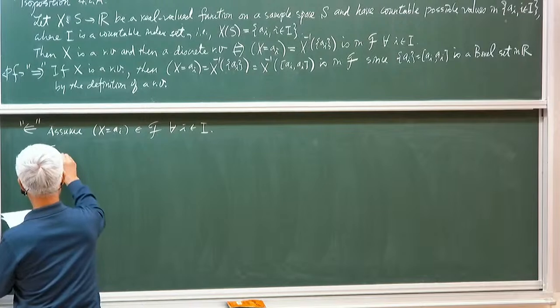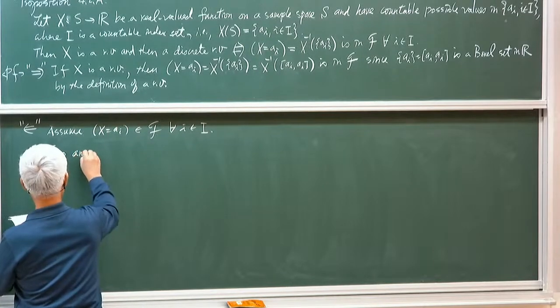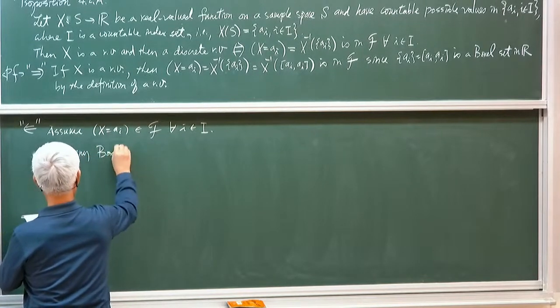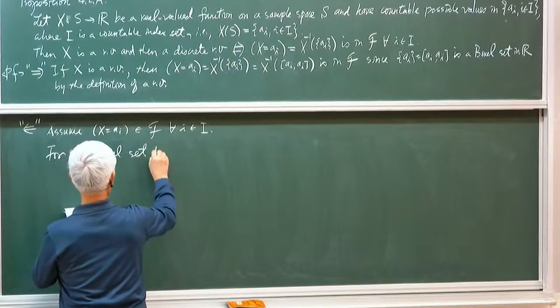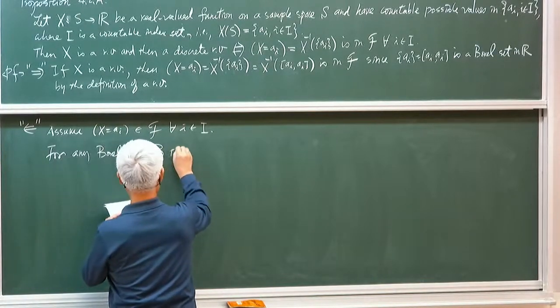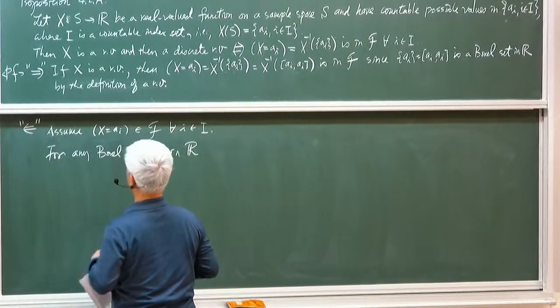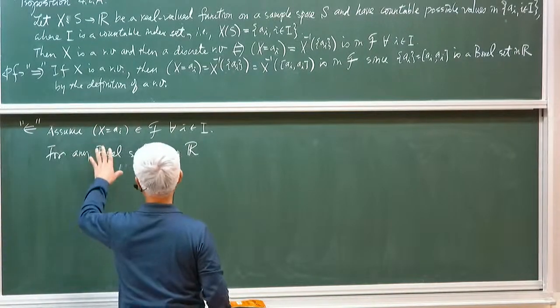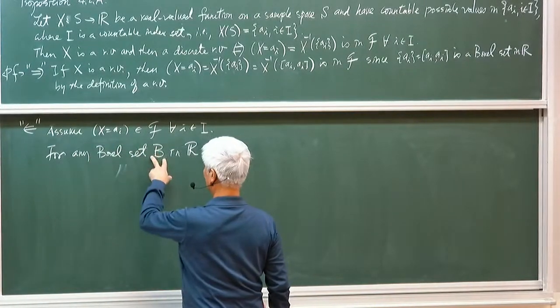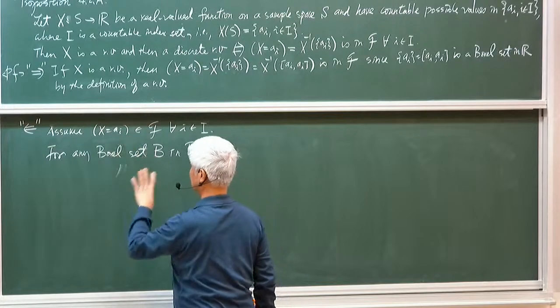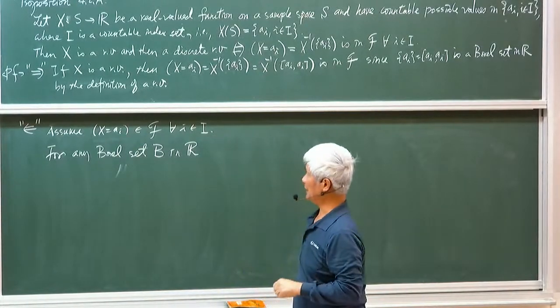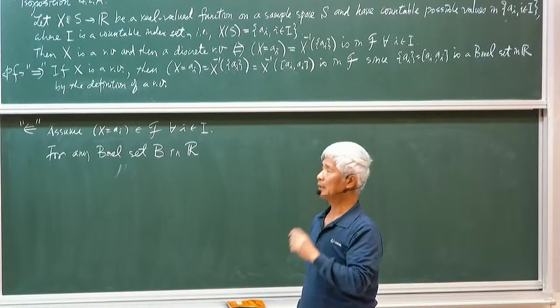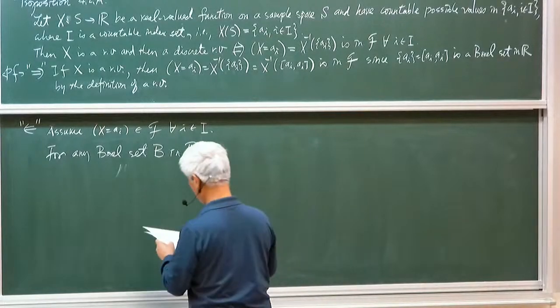Now for any Borel set B in R, we want to show that the inverse image of B under X is a member of F. Now, how do we show that?